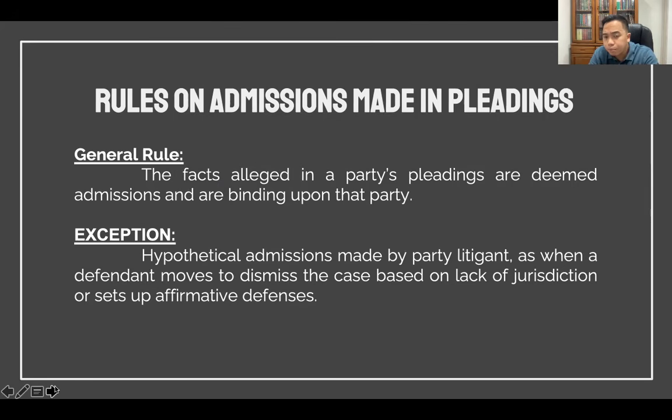So class, for example, there is a ground to file a motion to dismiss or a motion to quash the information. If a motion to quash the information is filed, there are hypothetical admissions. When you say hypothetical, these facts may not be true as in the case.